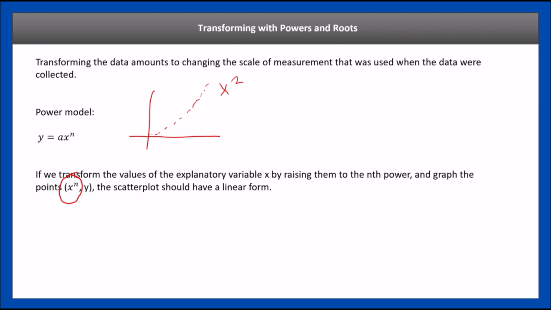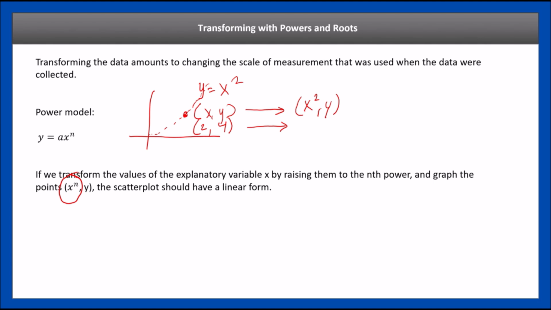Let's just say it's y equals x squared. One of the points might be 2, 4, because 2 squared is 4.